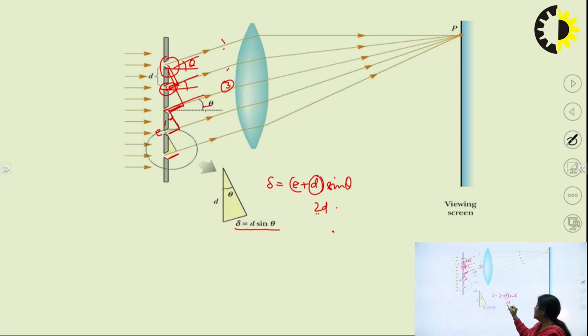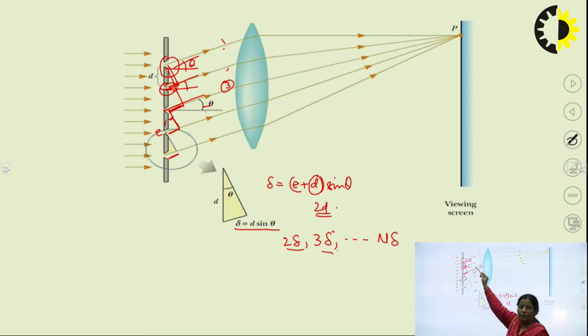This is how the path difference goes on changing from delta to 2 delta, 3 delta, and so on, up to n delta for the n slits.